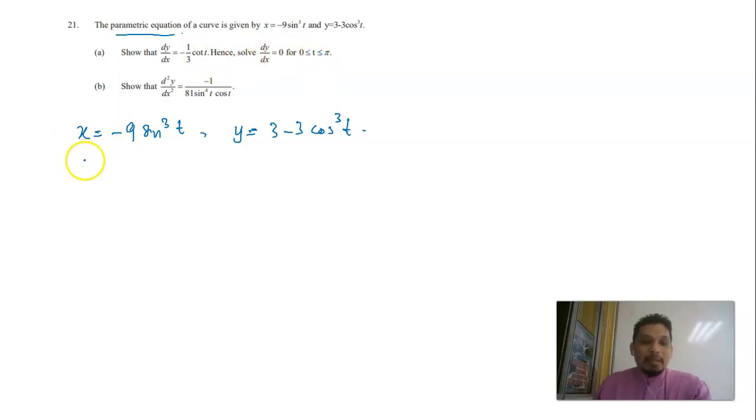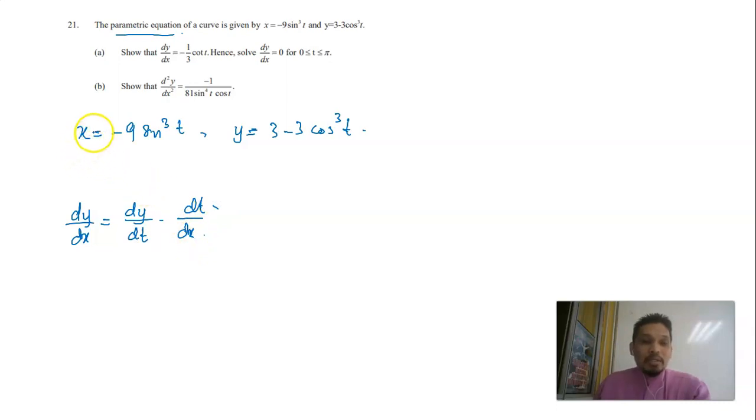Okay, now to find dy/dx in this parametric equation, x with t, y with the parameter of t, we come up with dy/dx equal to dy/dt times dt/dx.